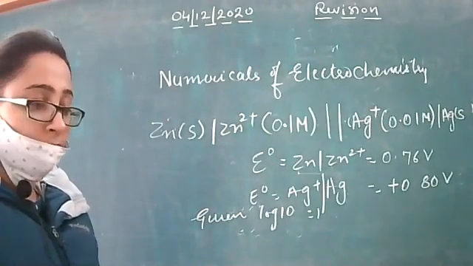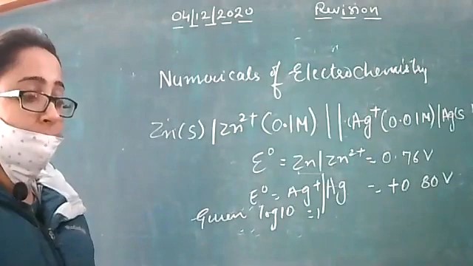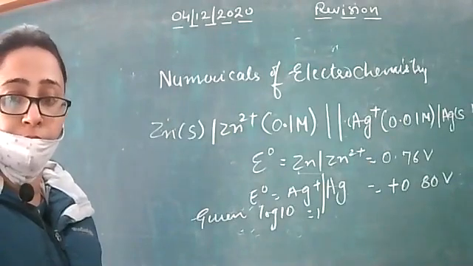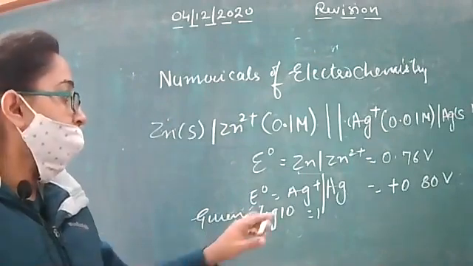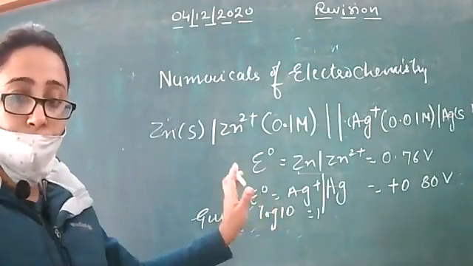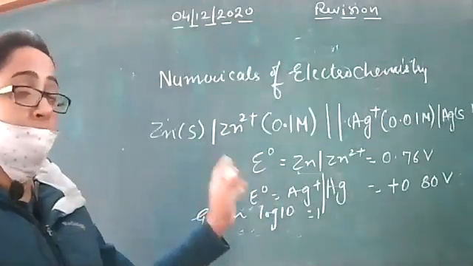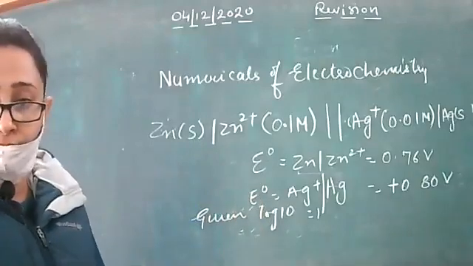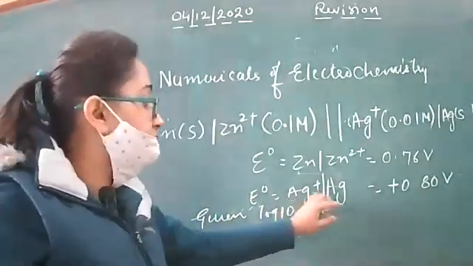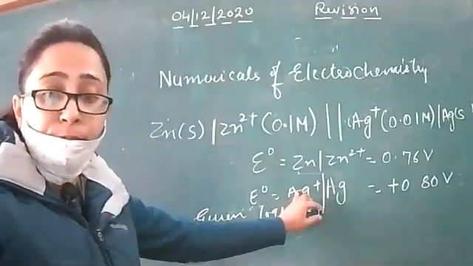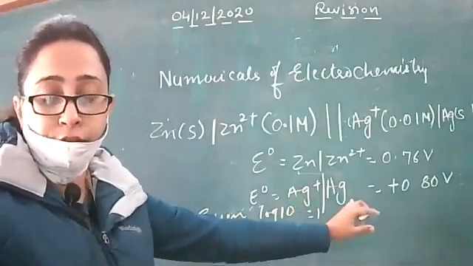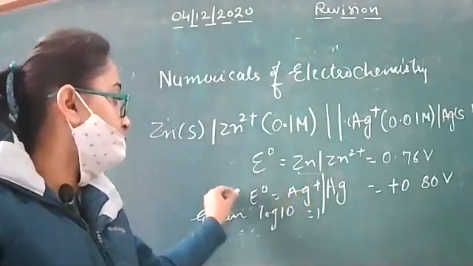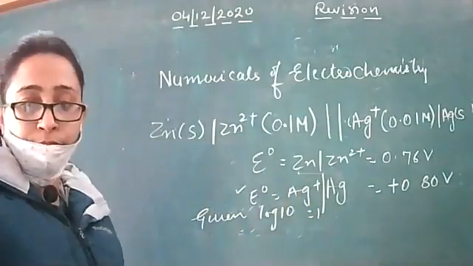ठीक है बेटे, ये हमारा न्यूमेरिकल है. सबसे पहले हमने E नॉट निकालनी होती है. So I have changed the numerical values like this. You have to see. You are given with reduction potential or the oxidation potential. As it is changing from Ag+ to Ag, it is getting reduced, so it is reduction potential. You have to take the value as such.